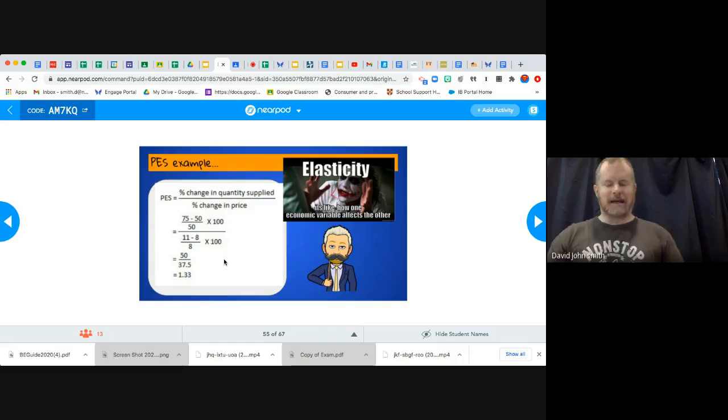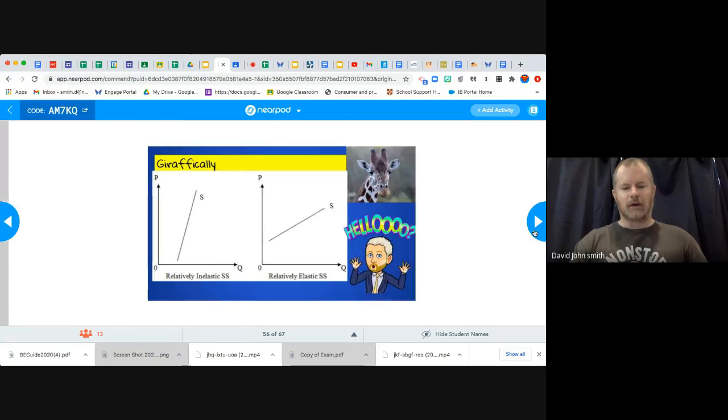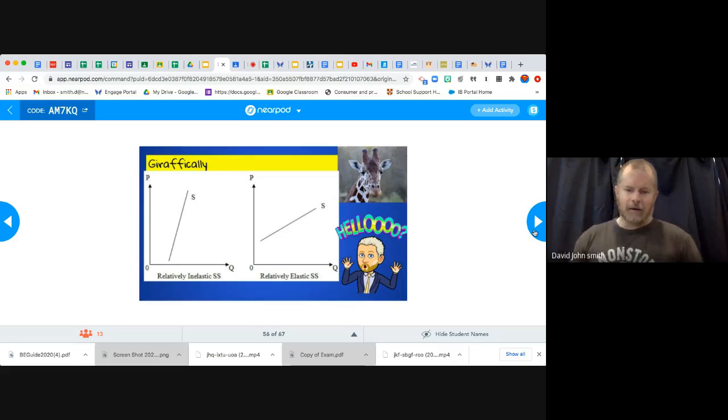As we said the other day, we're going to be able to use a lot of the same terminology. We are thinking about supply in this case, but the terminology isn't going to be too different. Graphically, we are still going to be talking about a relatively inelastic curve, which doesn't respond particularly to price changes, and a relatively elastic supply curve, which is more responsive to a change in price.